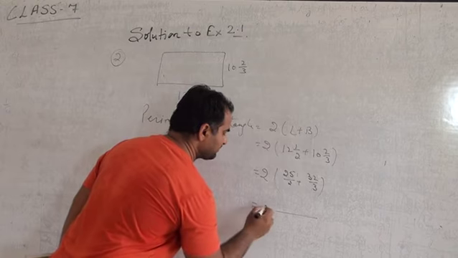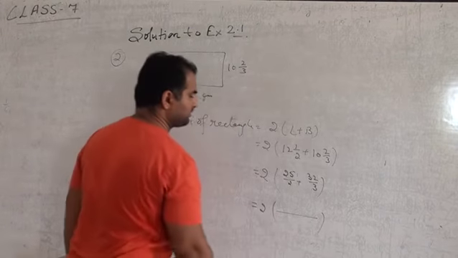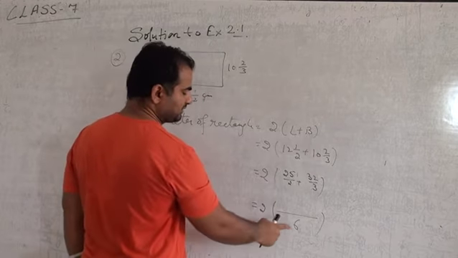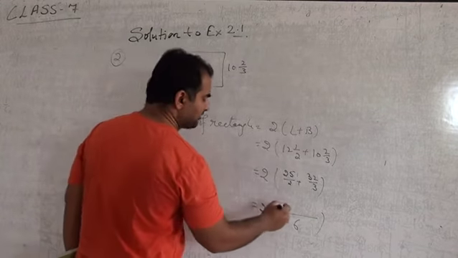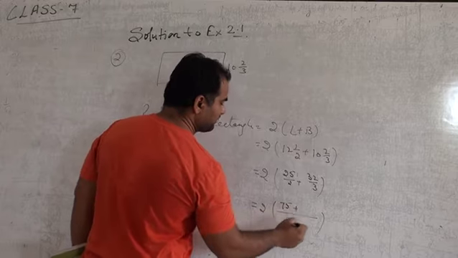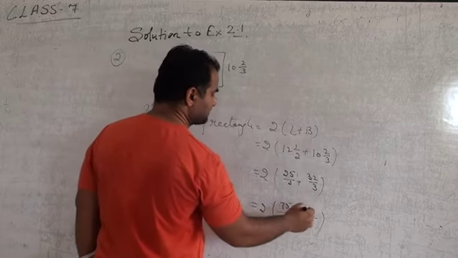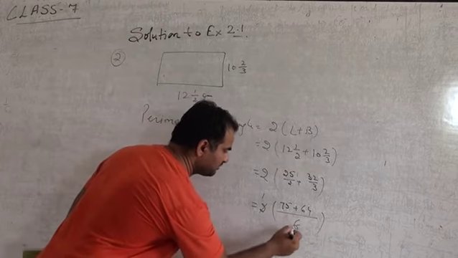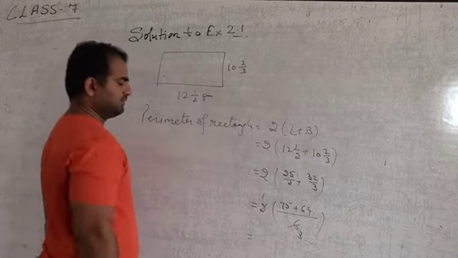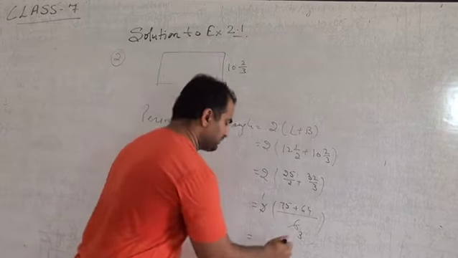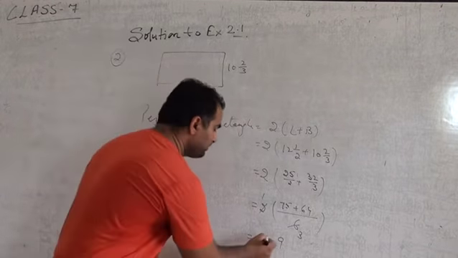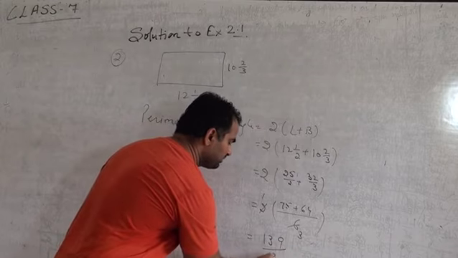So LCM of 3 and 2 will be 6. 2 3s are 6, 3 multiplied by 25, it will be 75, plus 3 2s are 6, it will be 64. 2 1s are 2, 2 3s are 6. It will be 5 plus 4, 9, 7 plus 6, 139 upon 3.